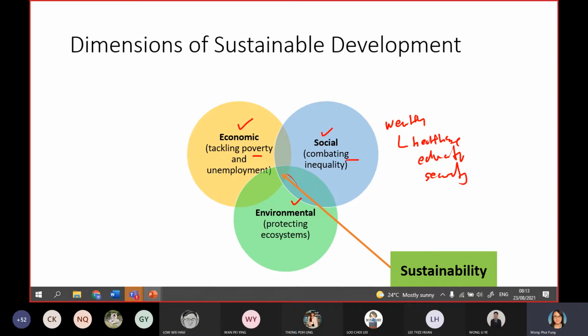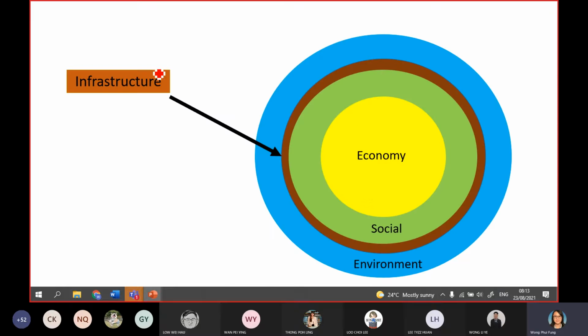But today we actually found out that infrastructure here, can you see here, is what we say a catalyst, or an enabler, or a force that can help to achieve the sustainability in economic, social, and environmental aspects, which means that infrastructure can accelerate sustainable development.